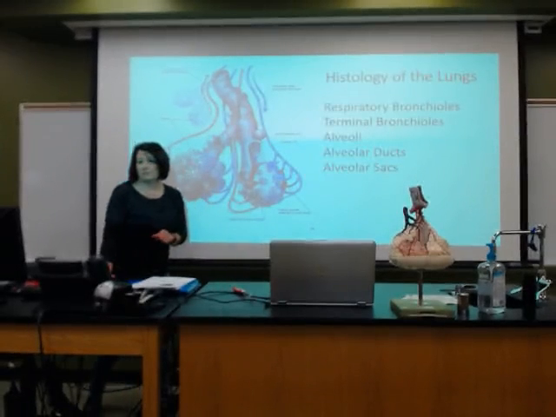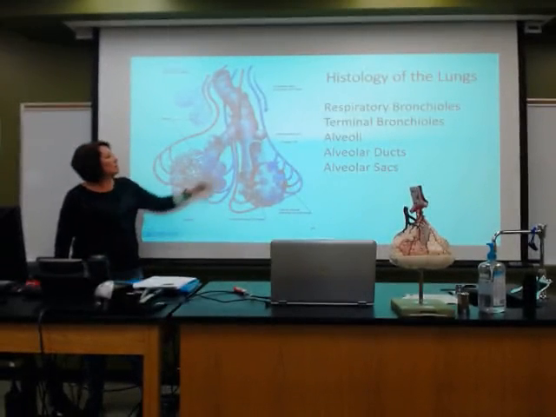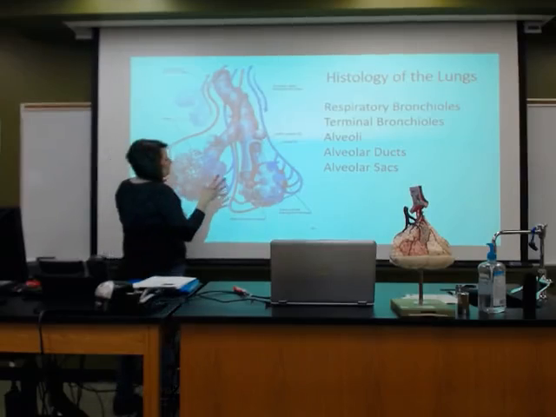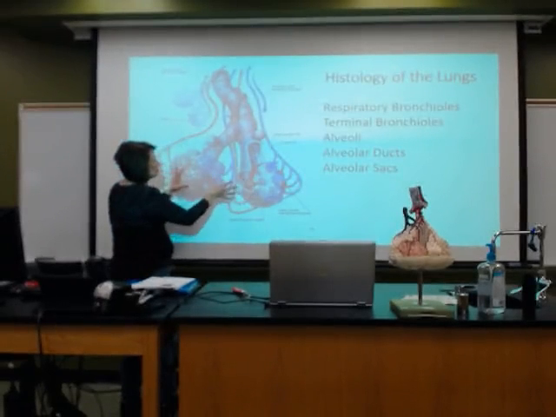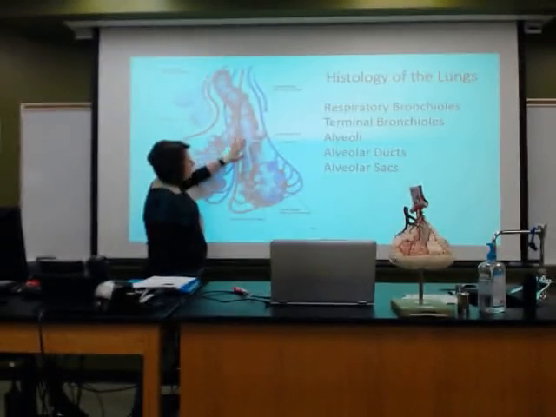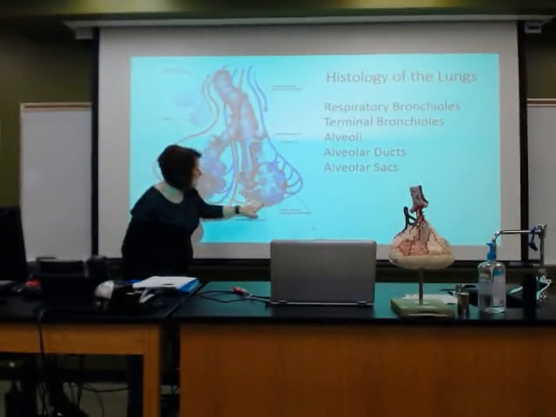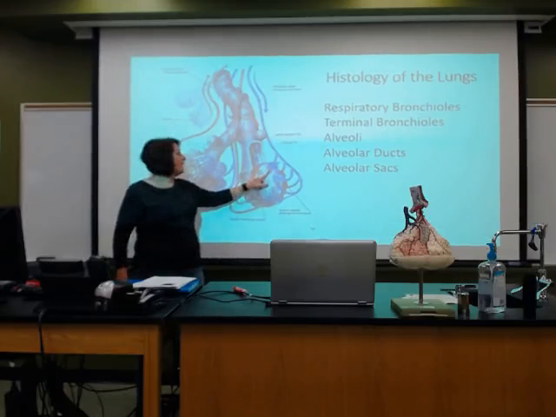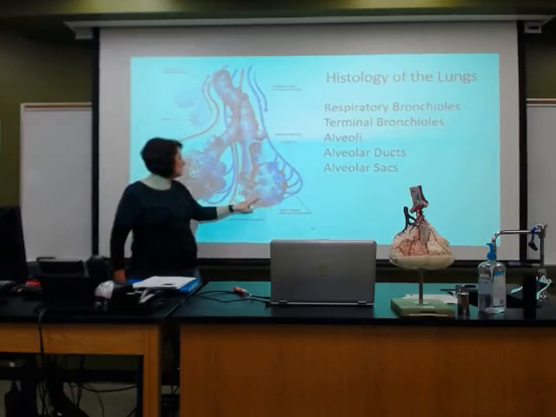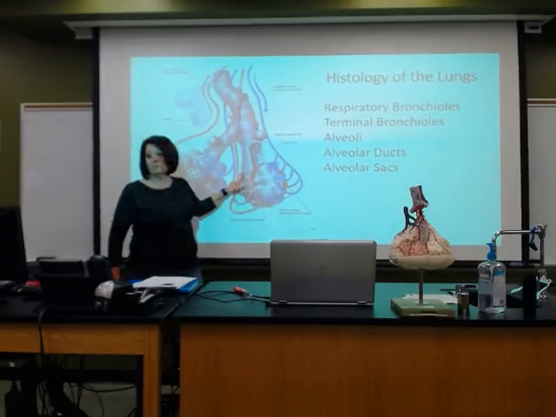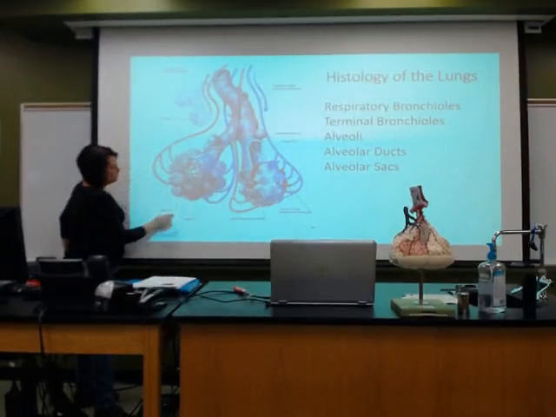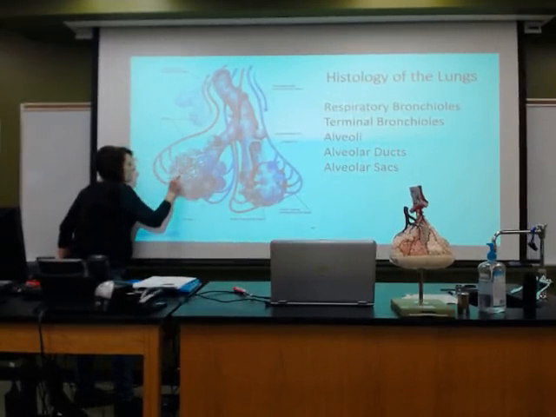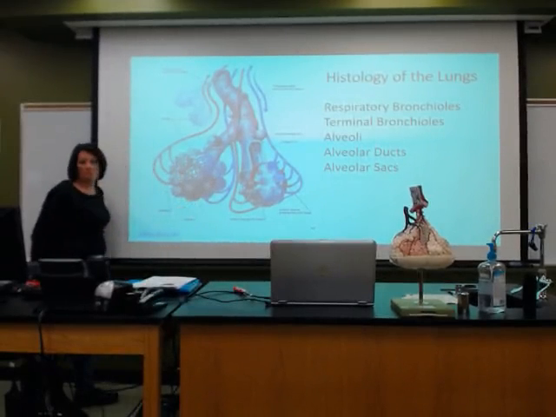This point right here, the branching that occurs, we eventually get to an alveolar duct and an alveolar sac, where we've got alveolus, alveolus, alveolus, alveolus, alveolus, alveolus. And each one of those, look at the connection with the capillary bed.